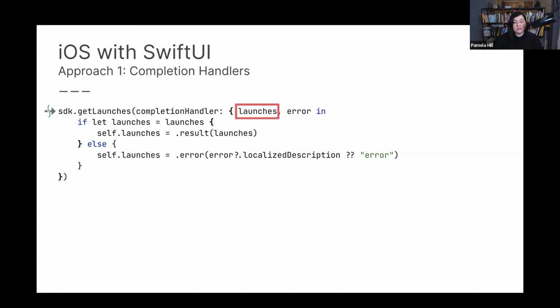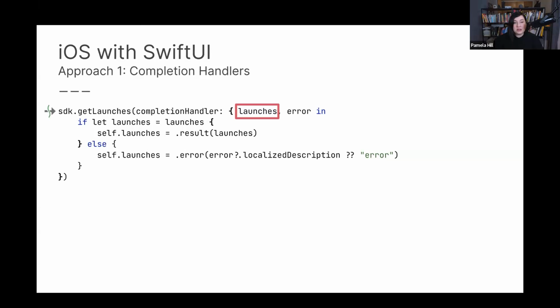So instead of the way we are used to handling coroutines, we have to use a completion handler now. Here we're calling SDK.getLaunches and passing in a completion handler. The way this works is that if we get some data, we set a published variable on the Swift side, on the iOS side.